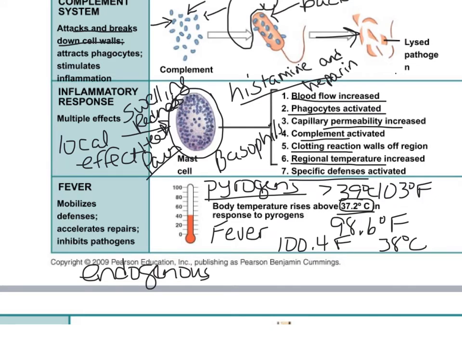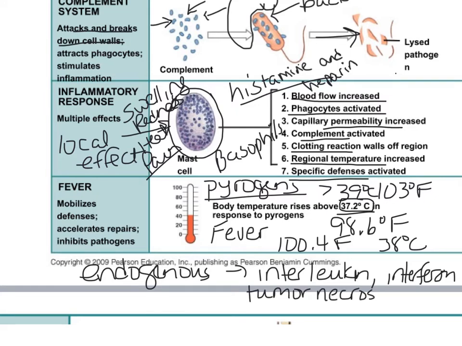These are pyrogens that are produced in your body, things like interleukin, interferon, which I had already mentioned and which are going to make you have a fever, and tumor necrosis factor. We're going to talk about these more in depth. Again, we call them endogenous because they're produced inside your body.